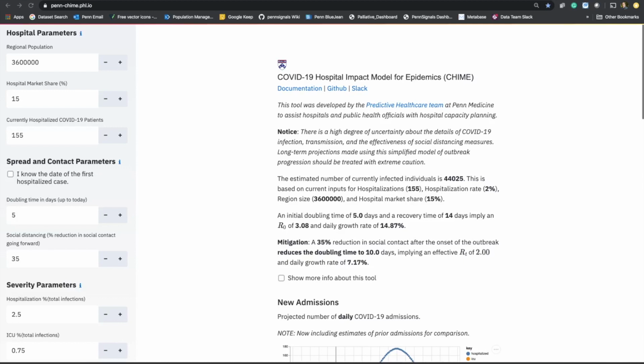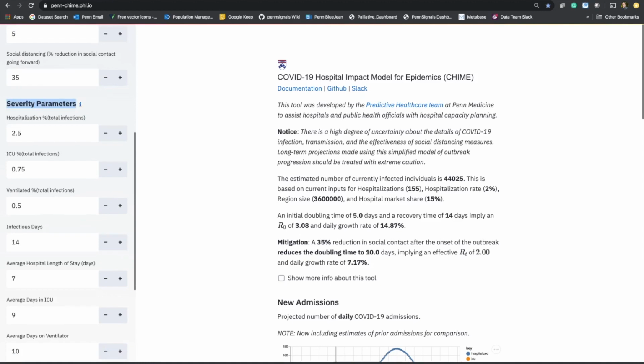So on to severity parameters. That's the impact to people infected by COVID-19. This is often where we get a little confusion on what we mean by parameters, and I think that's primarily because of the variability in the way people are reporting severity of illness: asymptomatic patients, mild, severe.